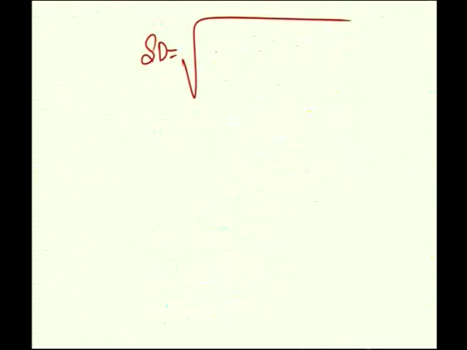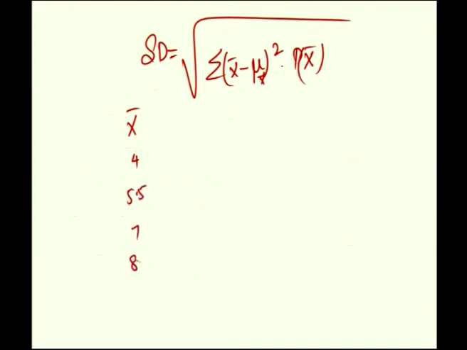Okay. Next, we will calculate the standard deviation. Standard deviation is calculated as root of summation x bar minus mu x bar whole square into P of x bar. Just write down the x bar values: 4, 5.5, 7, 8.5 and 10, and x bar minus mu x bar is nothing but x bar minus 7.